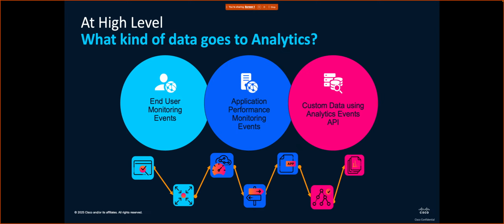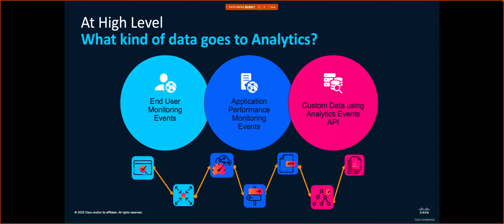And then you can also create custom data using either the analytics events API, or, I guess this would be back on the APM side, if you're creating data collectors. Data collectors are like custom metrics that you're pulling into your application. You would also be able to create those as transaction analytics as well.